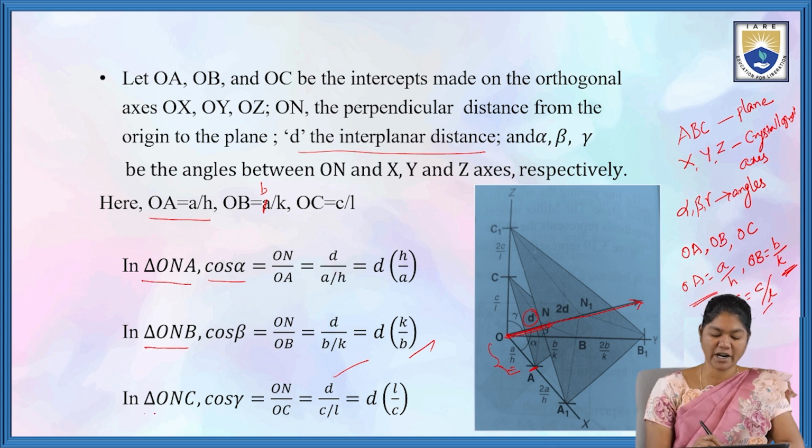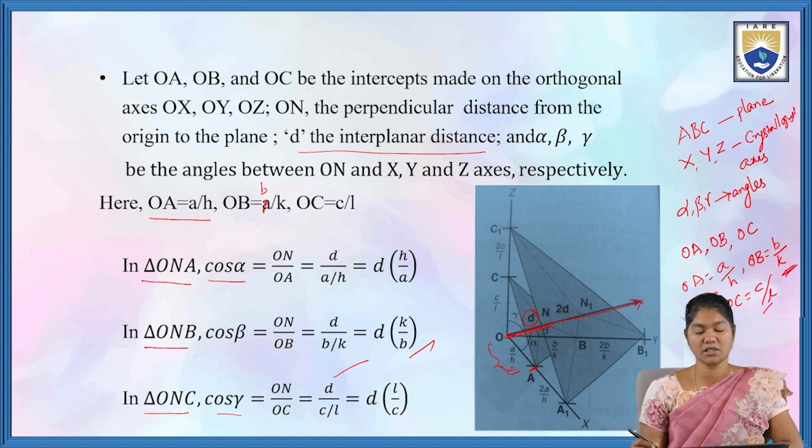Next, taking triangle ONC, cos gamma is equal to ON by OC, that is d by c by l, which is equal to d into l by c.